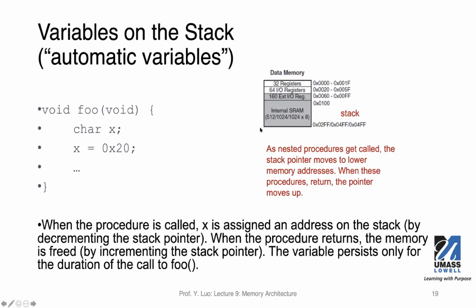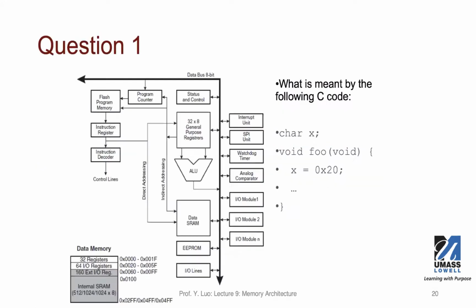So you can call functions one after another. You can call a function which can call another function, and so on. So that's how the stack grows and shrinks when the functions exit one by one.